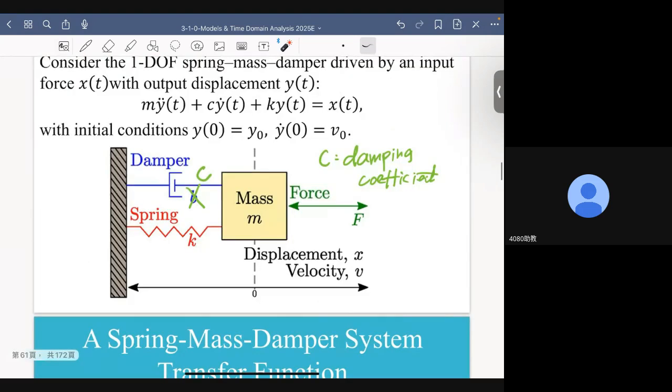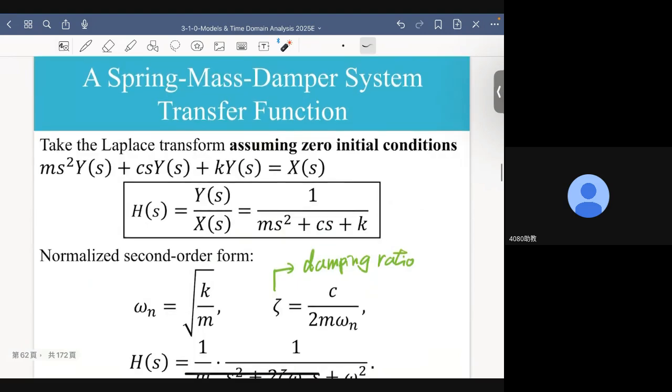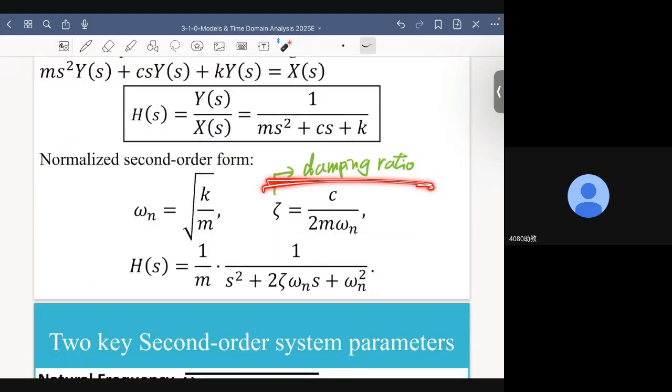What is the damping coefficient? The damping coefficient is actually a proportionality constant. It represents the amount of damping force that will appear with a unit velocity. Now the damping ratio is defined by this equality.